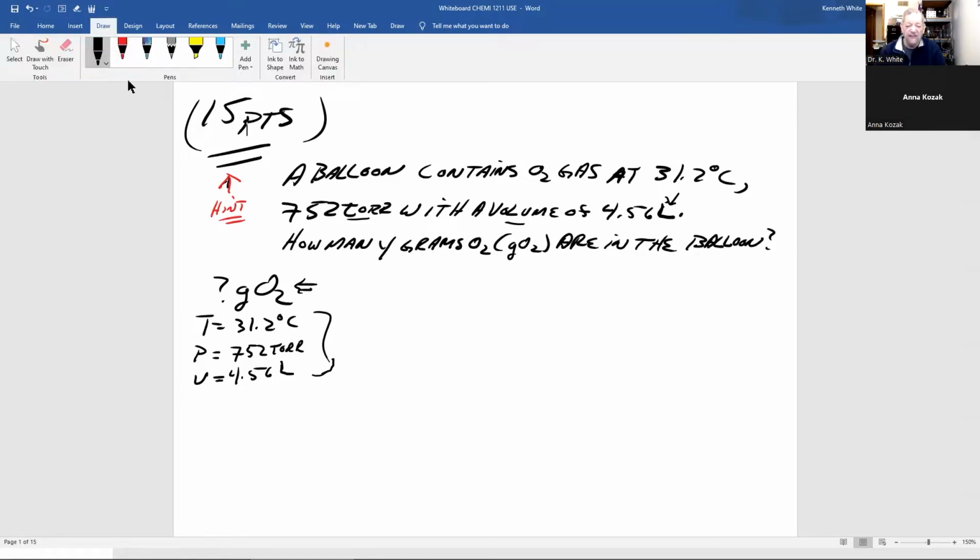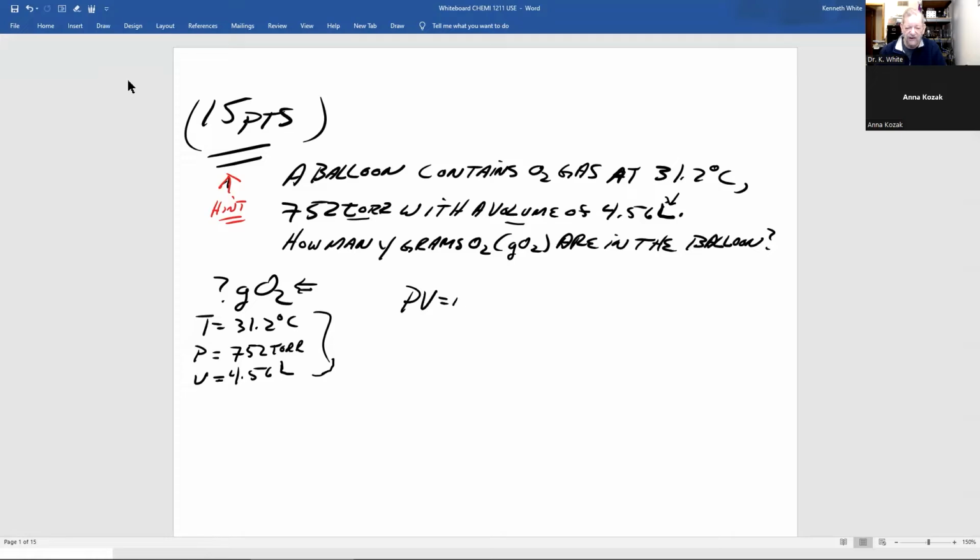It's PV equal nRT. But wait a second. P is pressure, V is volume, N is moles, R is the universal gas law constant, and T is temperature. That doesn't have any grams.